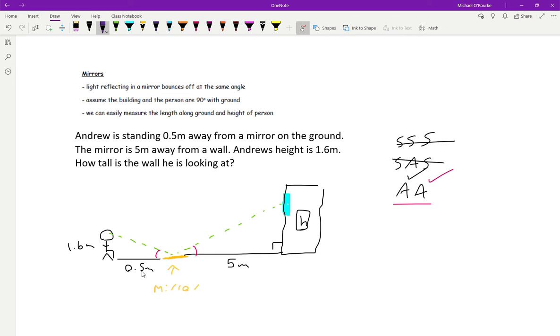So these are two numbers we want to look at between these two. And what's the factor between these two? If you can spot it right away, that's good. If not, take your big number and divide it by your little number. In this case, 5 divided by 0.5 will equal 10.